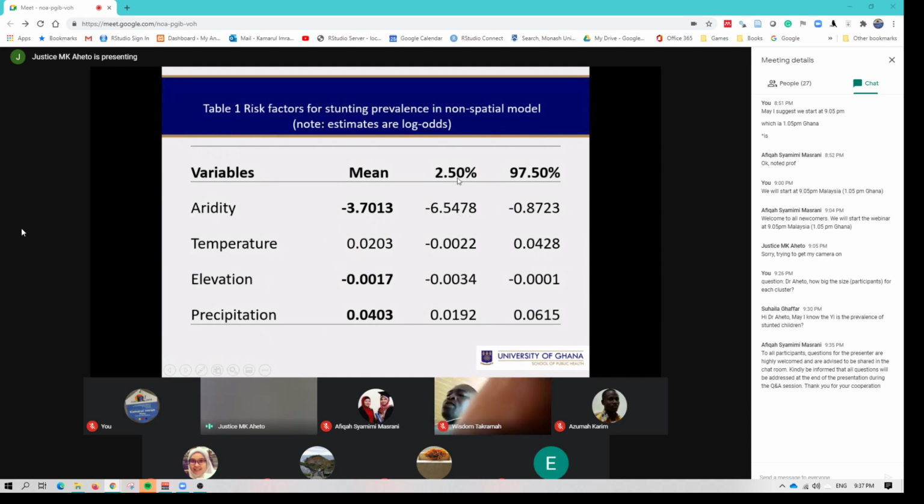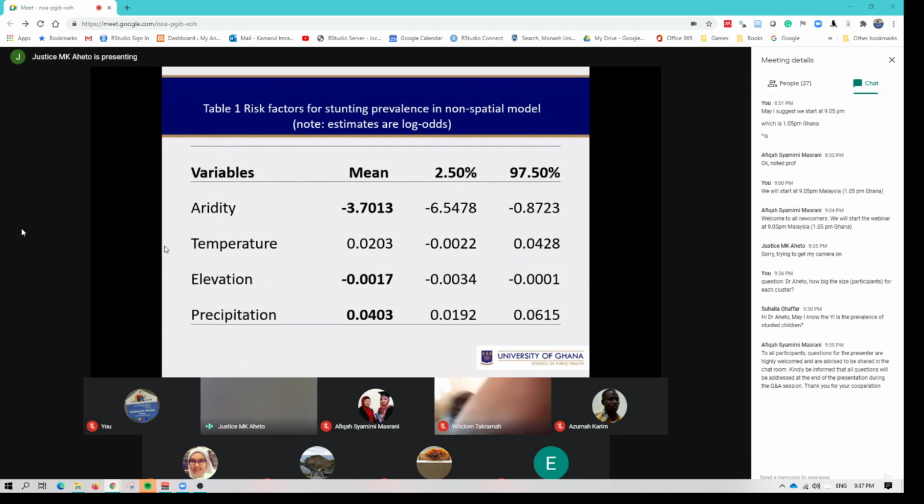So here the 2.5%, that is the 2.5% quantile, and this is the 97.5% quantile. Putting the two together gives you the 95% Bayesian credible interval. So as you can see, the aridity, like I said, and then the elevation and precipitation were significant. You could not see the temperature being significant here in the non-spatial model.